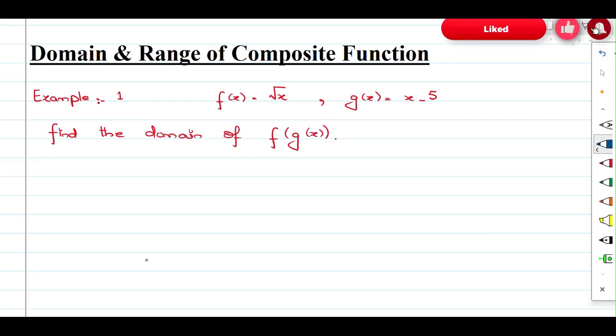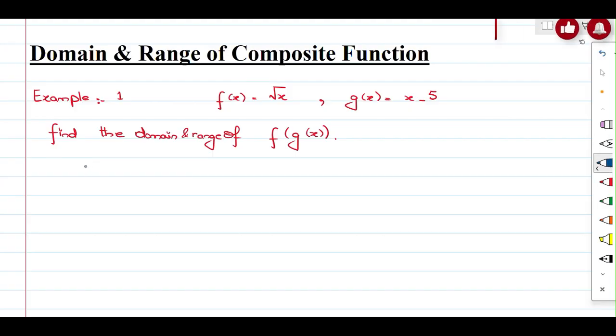To figure out the domain and range of the function f composition g of x, let me write both. Domain and range. First thing is to figure out what is f of g of x.